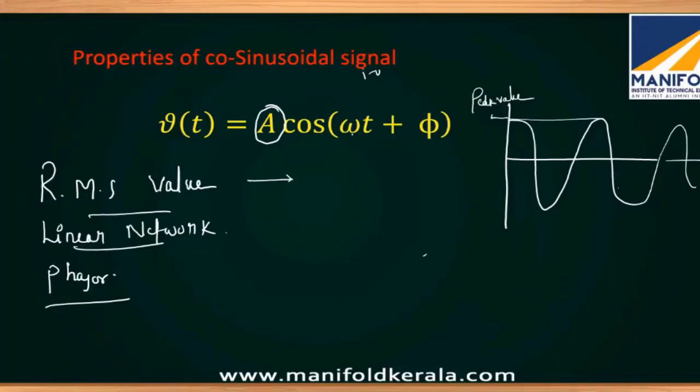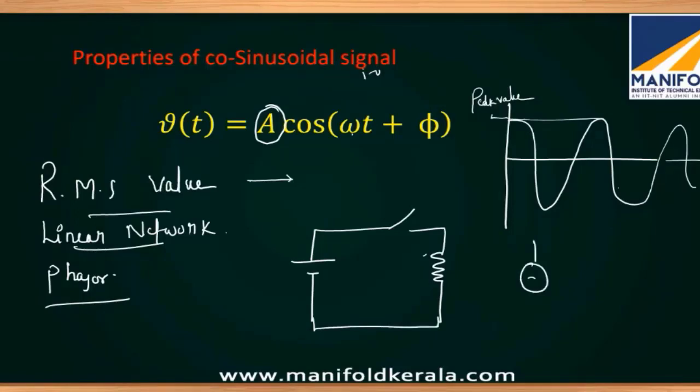So what is the significance of the RMS value? Suppose I take a DC voltage source and apply it to a resistor, and similarly I take an AC voltage source and apply it to the same resistor through a switch.